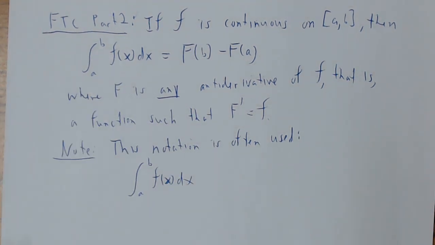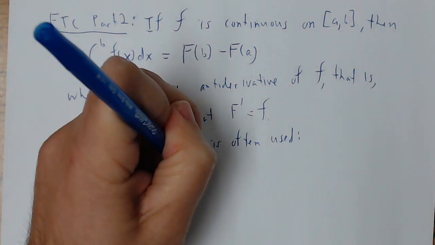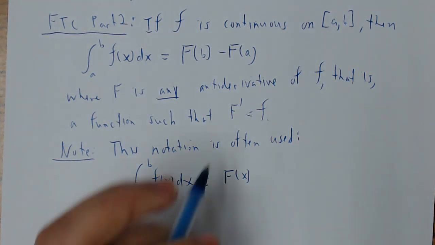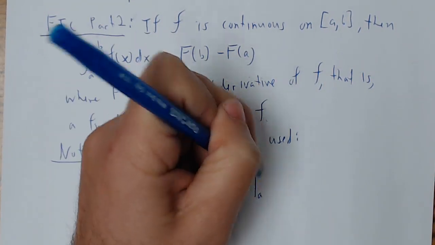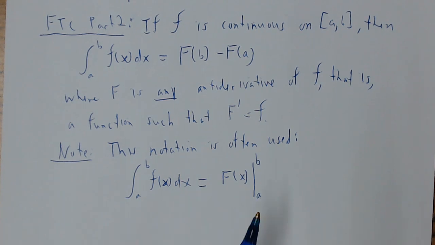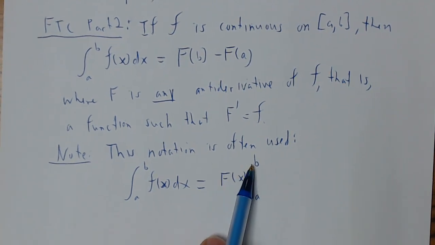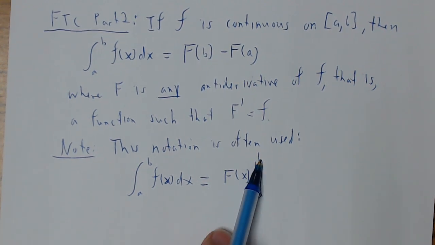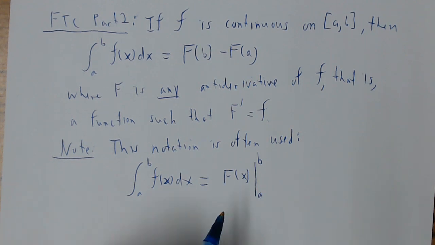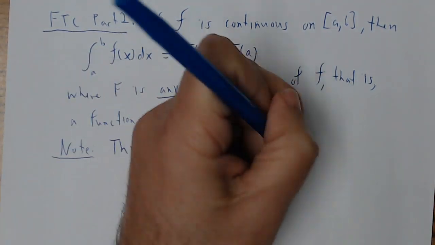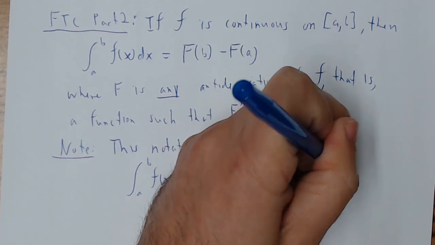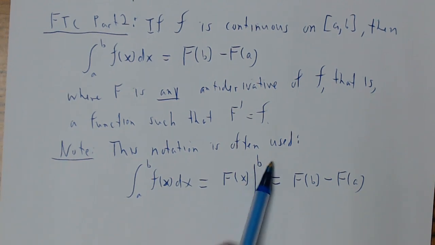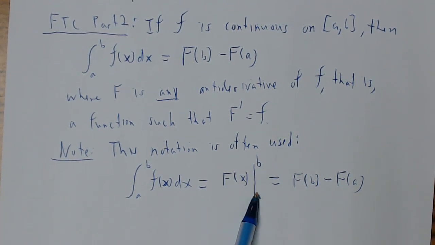Almost every calculus book does this. We first find the antiderivative, and then we put this vertical line, lower limit, upper limit. So from here to here, all I really did is find the antiderivative, and this line is saying the antiderivative has been found. I haven't yet plugged in my upper and lower limits. Once we do this, then we take the next step, which would be F of b minus F of a. So it's one step at a time. Let's first find the antiderivative. Here it is. And then once you do that, you plug in upper limit minus lower limit.